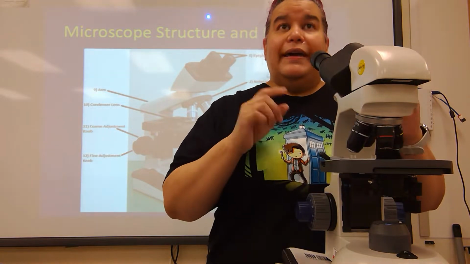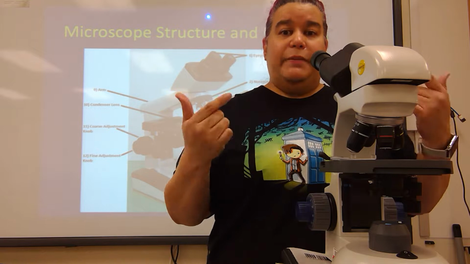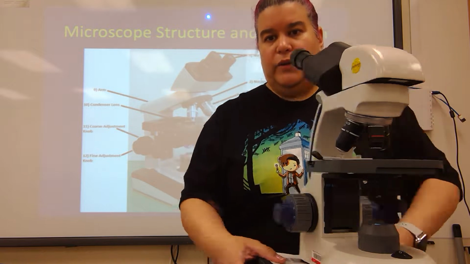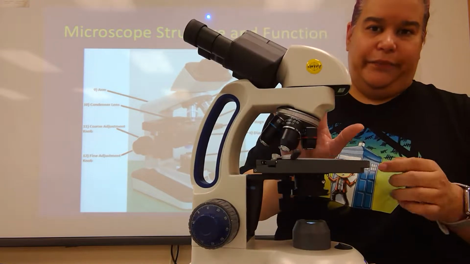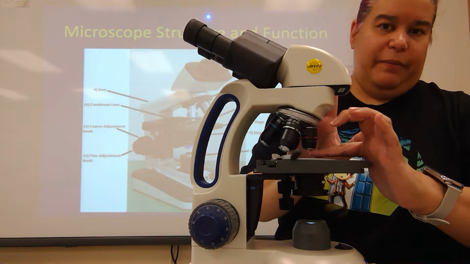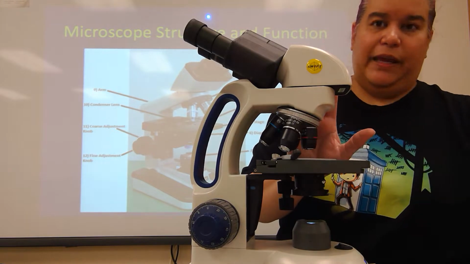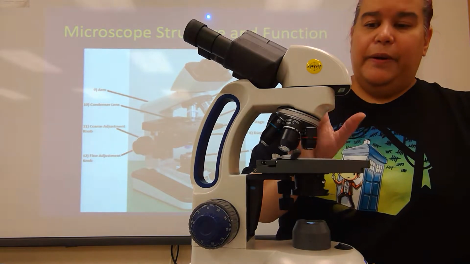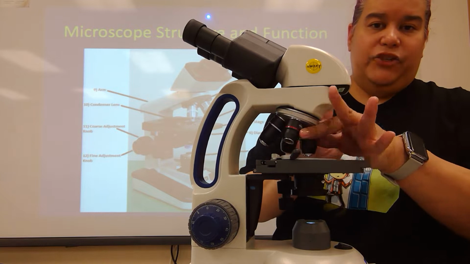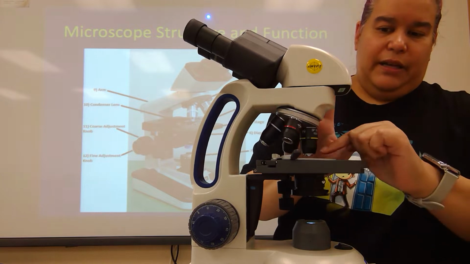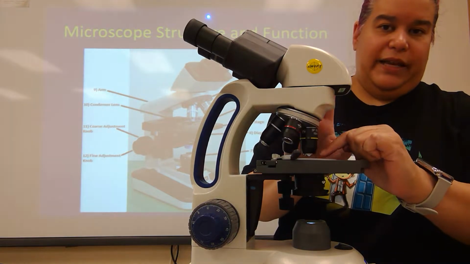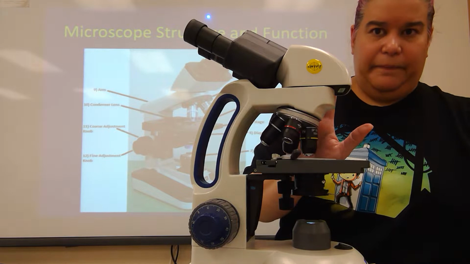Now, if I want to increase my magnification, look at the distance here between the bottom of my objective and the top of my slide. There isn't a lot of room. But when I increase the magnification, look at how close that now is to the top of the slide.